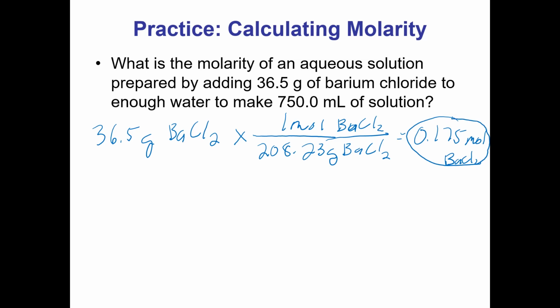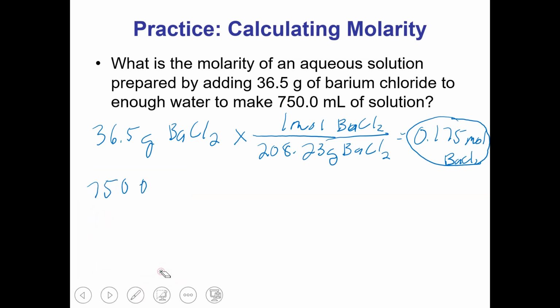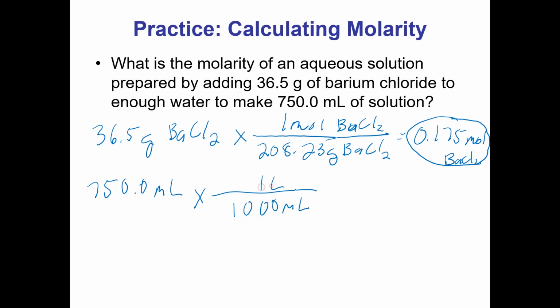So we need liters, the other piece of our calculation here. So we have 750.0 milliliters. And there's 1,000 milliliters per liter. 750 divided by 1,000 comes out to 0.7500 liters.